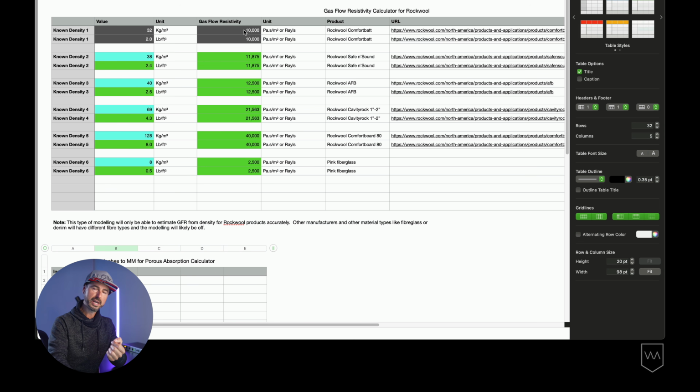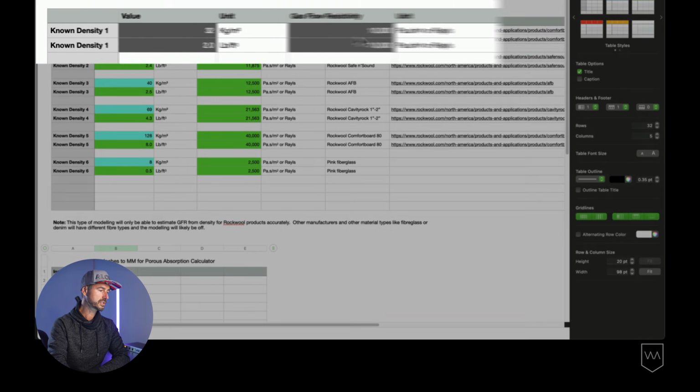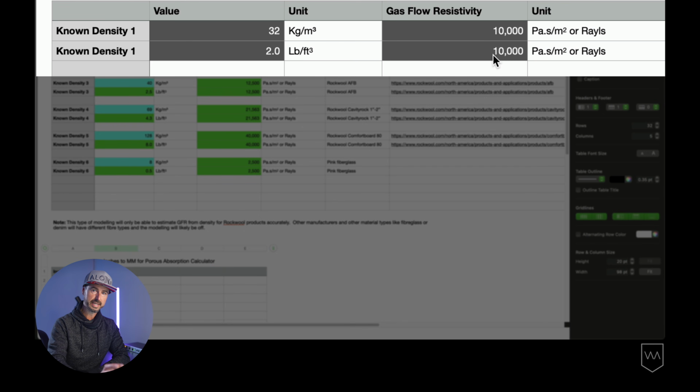Now, manufacturers of insulation don't usually provide gas flow resistance, so you have to get it from another source, which I did. This first known density and gas flow resistance is for Rockwool Comfort Bat, which is 32 kilograms per meter cubed, and the gas flow resistivity, which is indicated in Pascal seconds per meter squared, or in rayls, I'm just going to call it rayls because that's less of a mouthful, is 10,000.